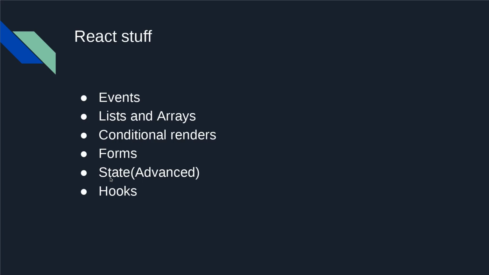So once you've understood the concept of forms, then you can go back again to something known as state. The state, which I've outlined here to be advanced, just means if your app starts growing and becomes big, then you should start considering other ways of handling the state of your application.